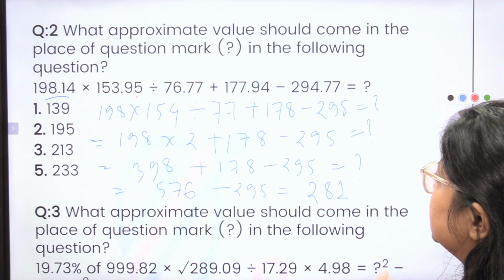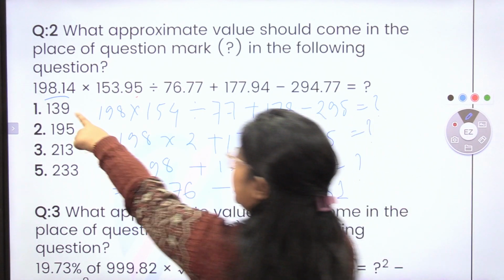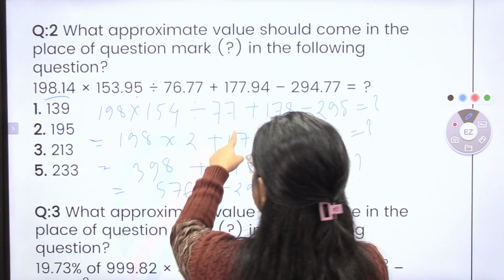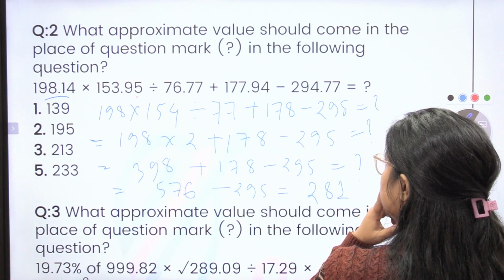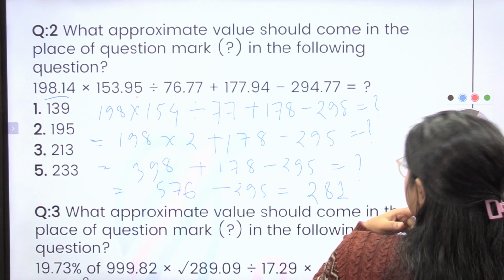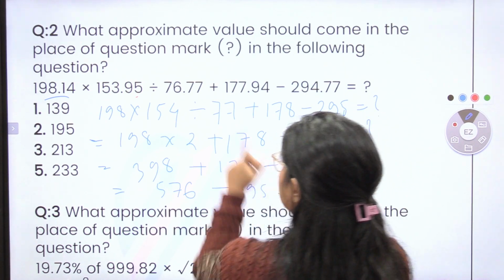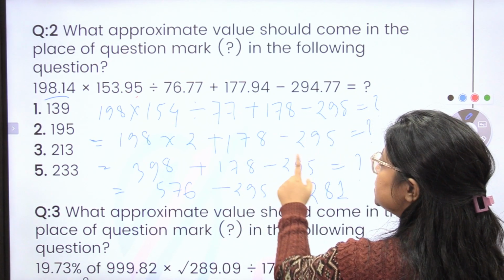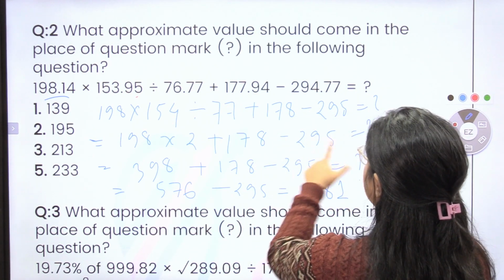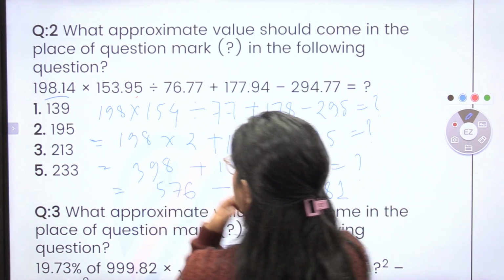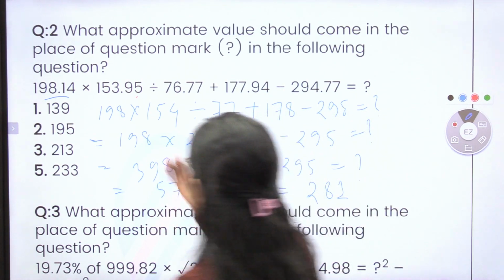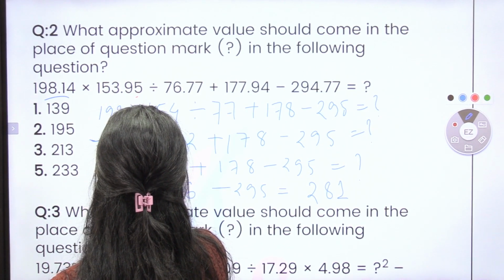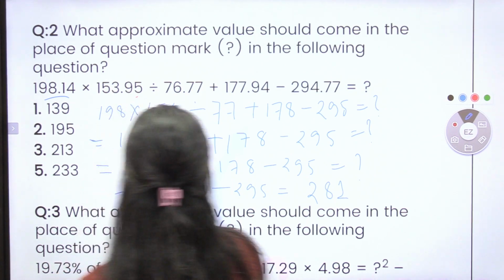Is everything correct? Let's see again. 198 into 154, because it is greater than 5, divided by 77, plus we take 178, then minus 295. Okay, fine. After that you need to do the division. Division will give you the value 2, then 198 times 2, plus 178 minus 295. Okay, here I have done something wrong. It should be 396.